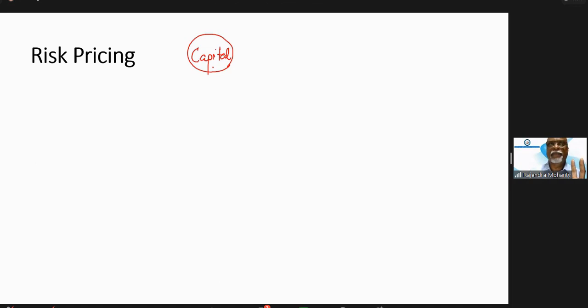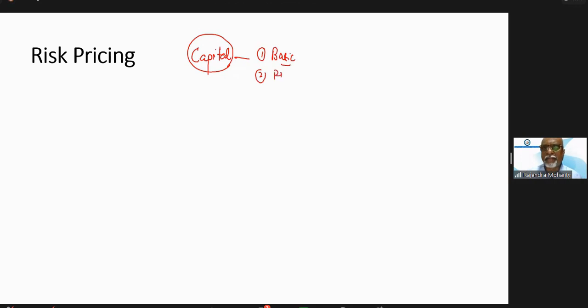Definitely you are to prevent the losses, but side by side, the main work is to maintain capital. We do not know whether there will be a loss tomorrow. So the basic thing of risk management is maintaining the capital.